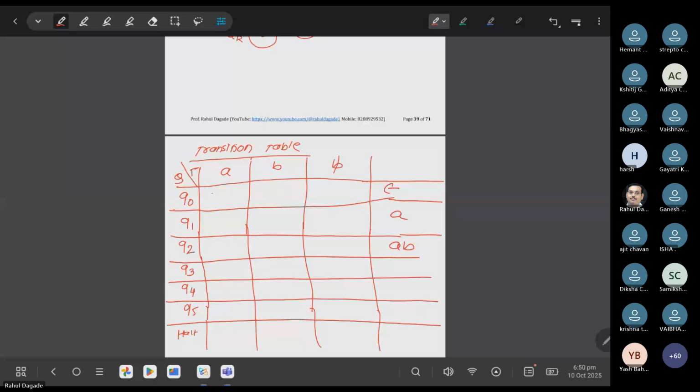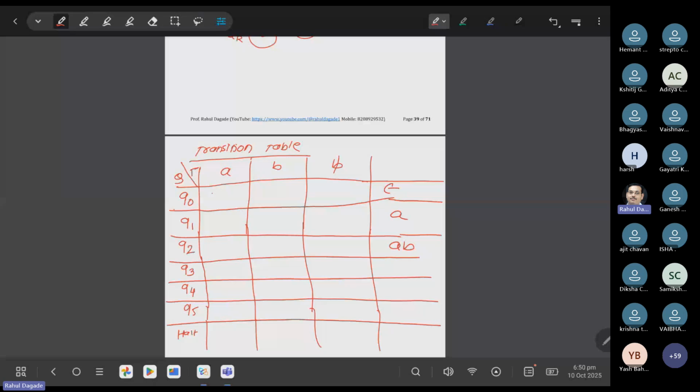Blank, B A B B A, blank. So pointer is here. So let us start our simulation. Delta Q0, blank B A B B A blank. Pointer is here.